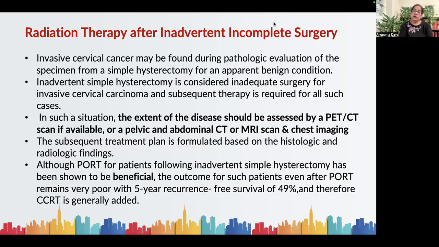In such cases, we would consider postoperative radiotherapy. It has been shown to be beneficial, but the outcome for such patients, even after postoperative radiotherapy, remains very poor, with a 5-year recurrence free survival of 49%, and therefore, in such cases, CCRT, combined chemoradiotherapy, is generally added.